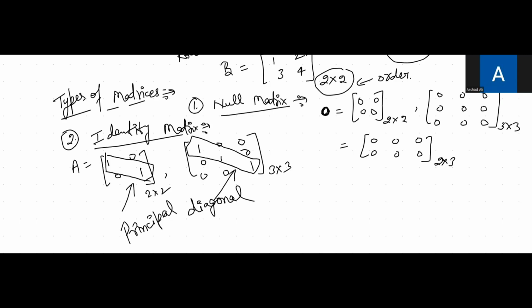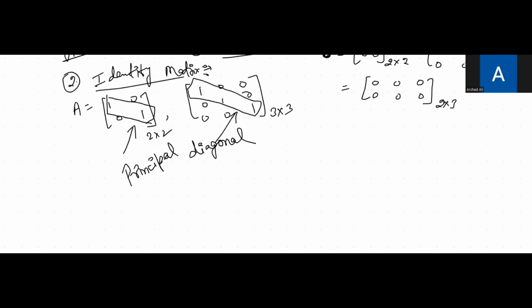Now the next type, diagonal matrix. What is a diagonal matrix? If we have elements in the diagonal only, then that type of matrix is known as a diagonal matrix. Example: A is equal to 1, 0, 0, minus 3.